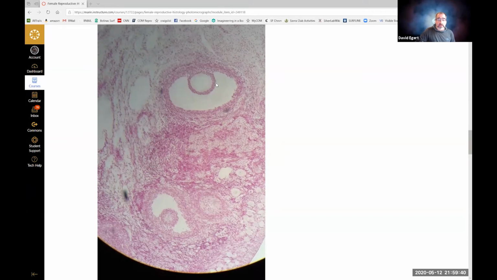The corona radiata, these are the cells that are surrounding the egg. They'll surround it after it's ovulated as well. Some of those enzymes in the acrosome are going to help the sperm get through these cells, as well as the zona pellucida, this kind of other layer that surrounds the egg as well.